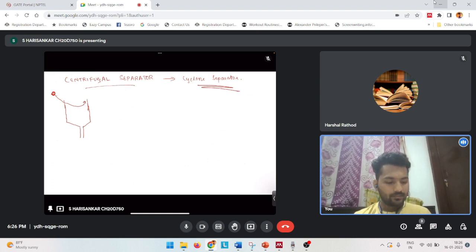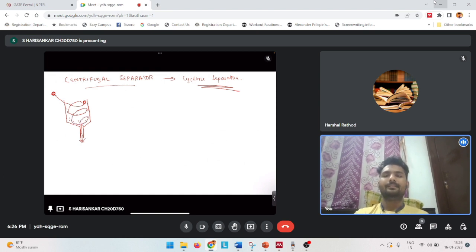And this particle will start rotating and rotating, and finally it will get separated to the bottom. So this is basically the mechanism of a cyclone separator.